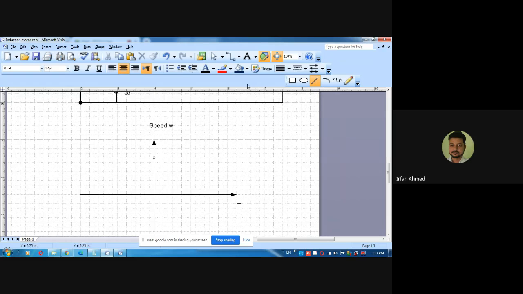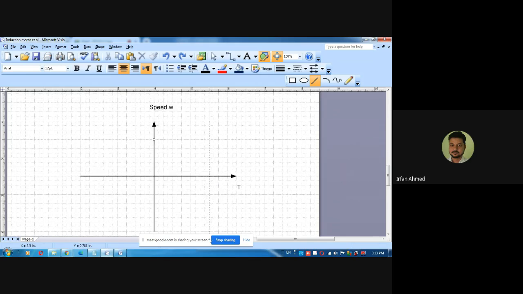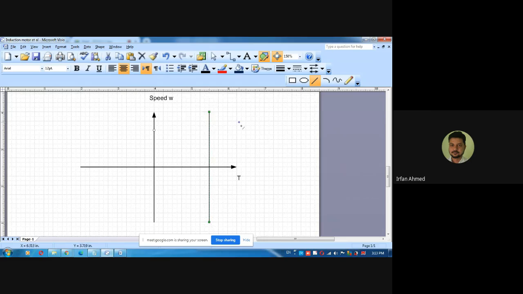So now if we draw the speed torque characteristic, we take this line as the maximum torque line.